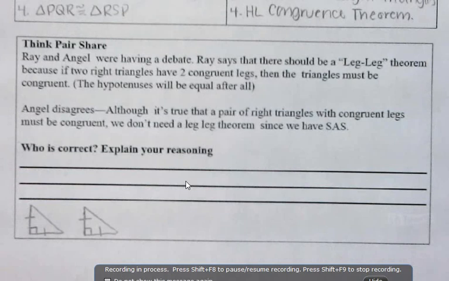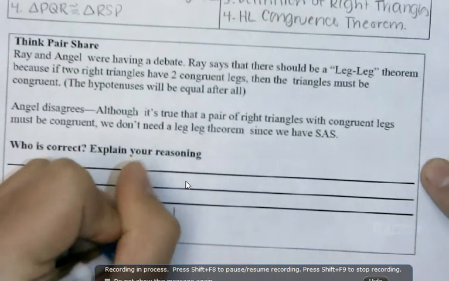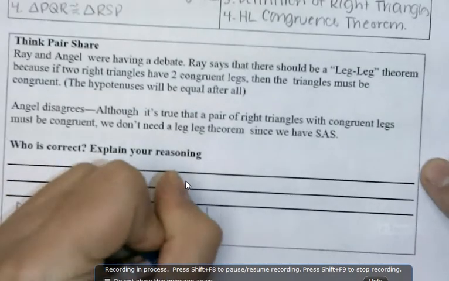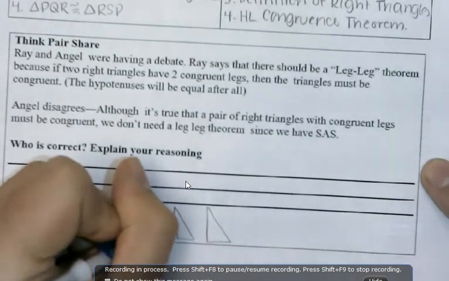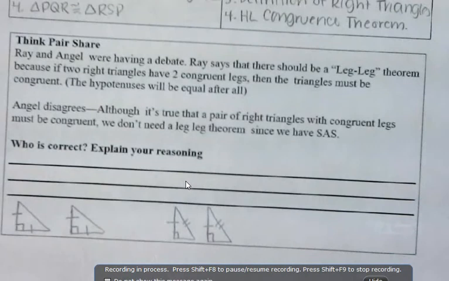But it's not really necessary. The reason why the hypotenuse leg theorem is necessary is because we can use it differently than we can use, let's say, a side-side angle theorem.